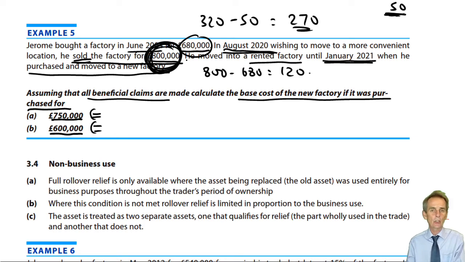So the question is whether any partial rollover would be available to you. So over to you, therefore, to work out what the base cost of the new factory will be if, firstly, we purchased it for £750,000, but then what would happen if we purchased it for £600,000. Have a go at that now, please.